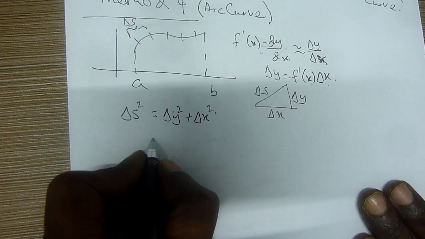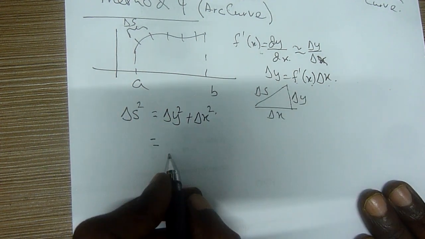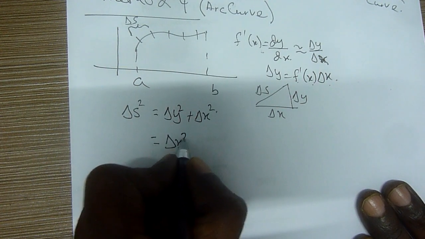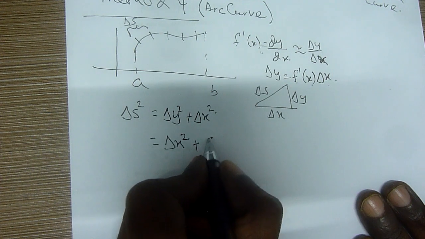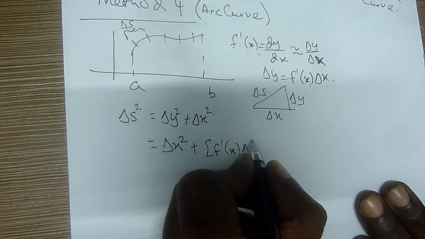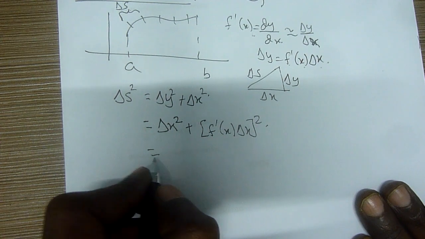Let me finish this part again. This one can be explained as del x power 2, and del y here can be substituted as f prime x del x, to the power 2.